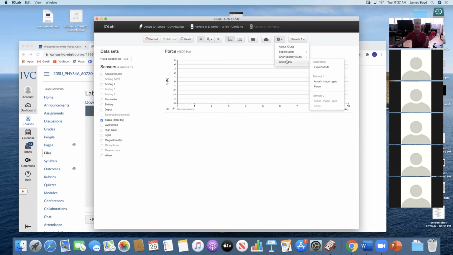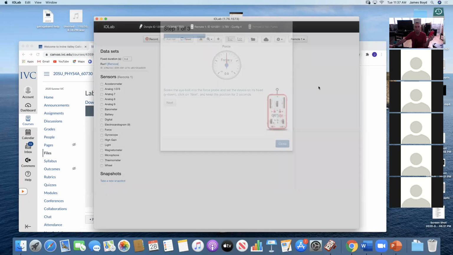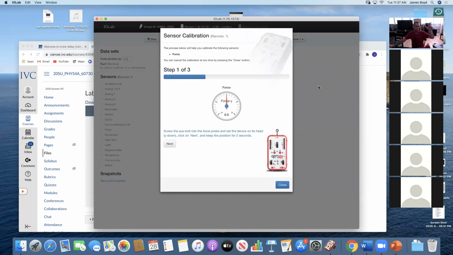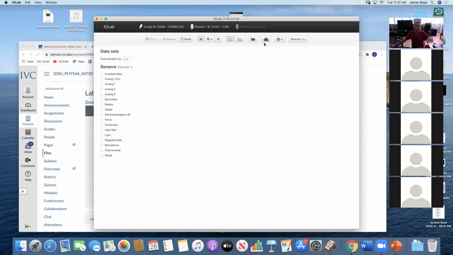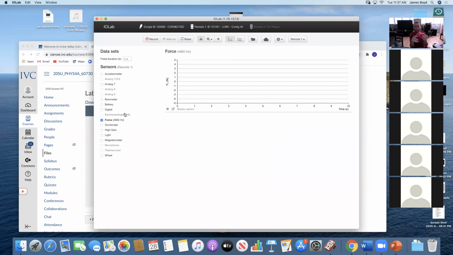Before you do that, calibrate it in force mode, and it tells you to do that in the lab. It tells you put it upside down, hit next, and then it says hold it. I have attached a shoelace to this thing, but hold it steady, hit next, save it.